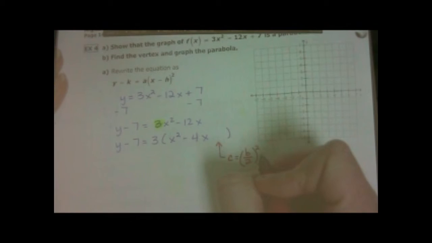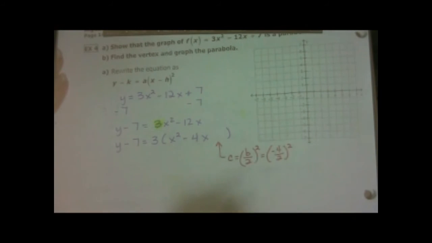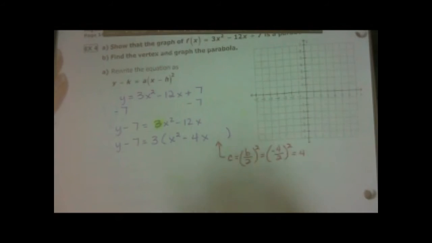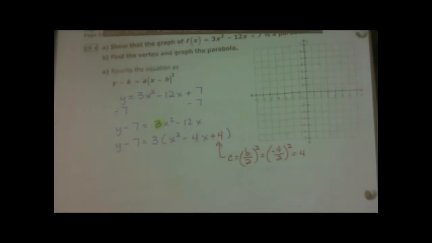All right? My c equals b over 2 quantity squared, which is negative 4 over 2 quantity squared, which is negative 2 squared, which is just 4. So I'm going to add 4 right here.